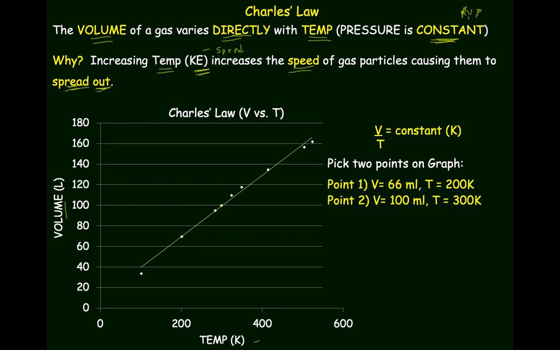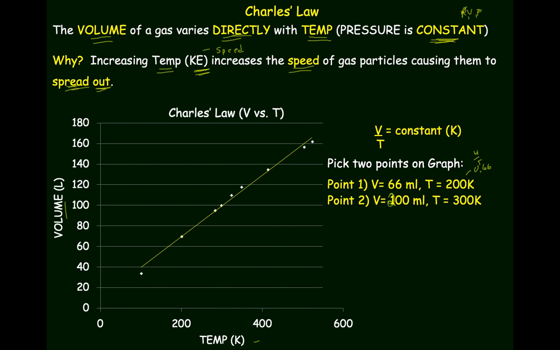Let's prove it. If we pick 2 points on the graph and look at V and T, we take 66 and divide it by 100, and we're going to get 0.66 if we divide V over T. And if we take 200, sorry, 200 guys, this is 200 here.